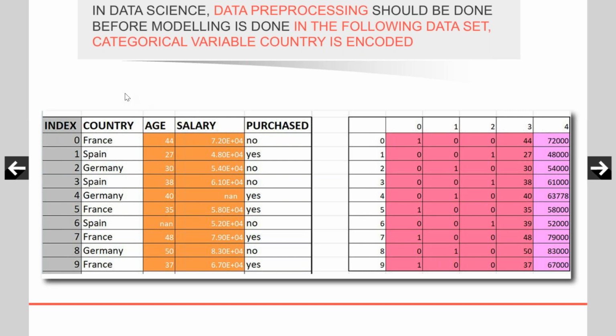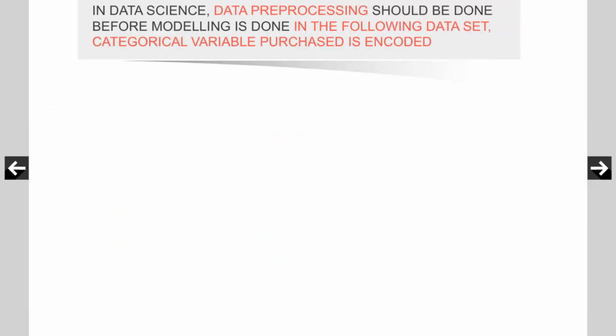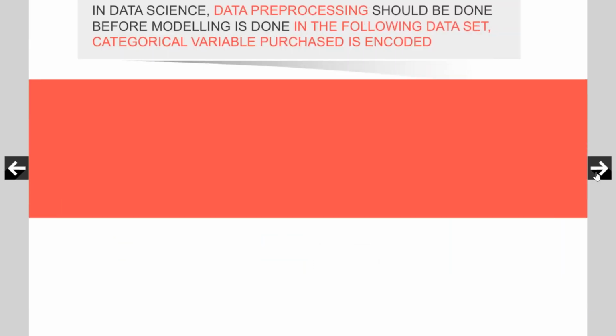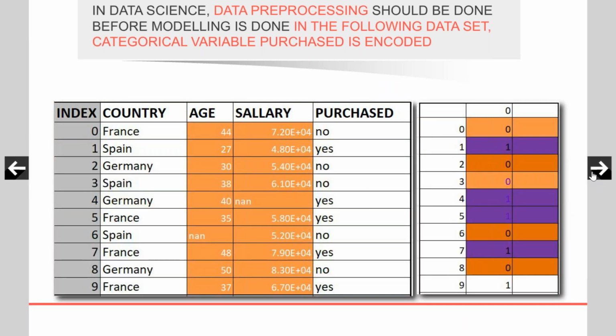This is how they convert non-numeric values into numeric values. Non-numeric variables like this country are known as categorical variables. You can say all these people belong to the good people category, all those people belong to the bad people category, all these products belong to the good product category, all those products belong to the bad product category.